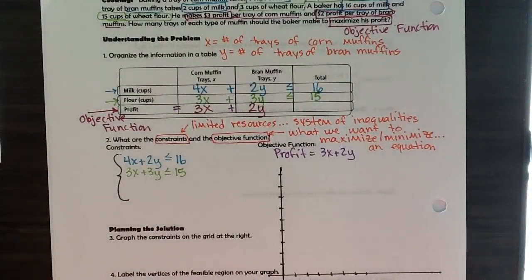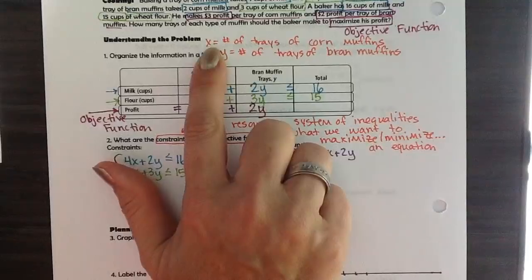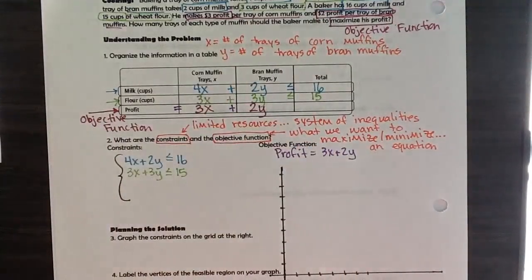There are some unwritten inequalities that we have to consider when we're creating our own system of constraints. And we talked about them in 3.4a, that it doesn't make sense since x represents the number of trays of corn muffins. X cannot be a negative number. The lowest number of trays of corn muffins that I could possibly make is 0.